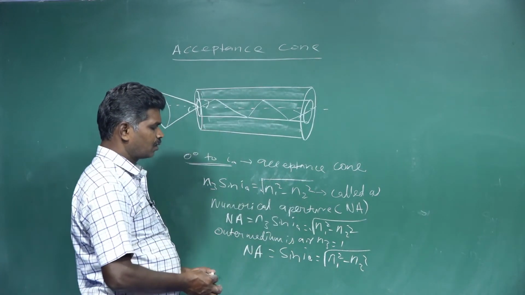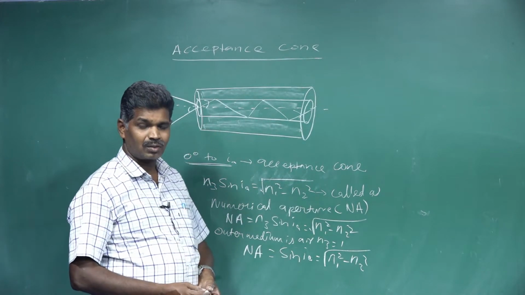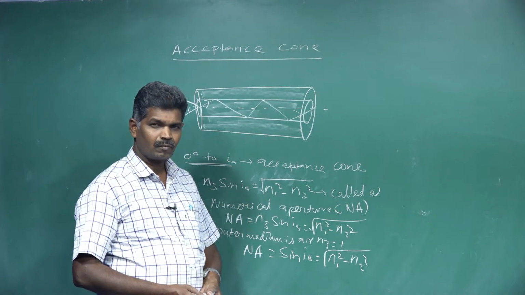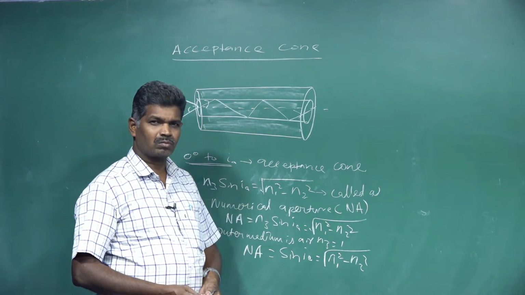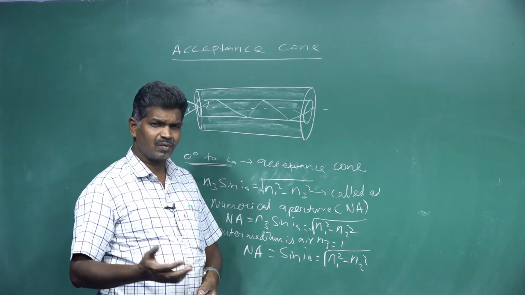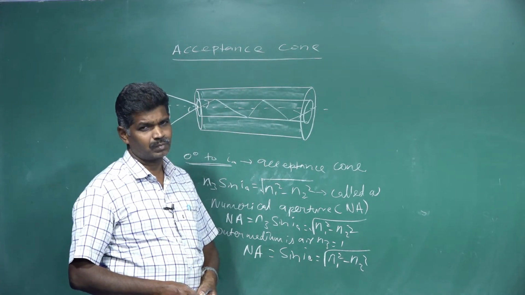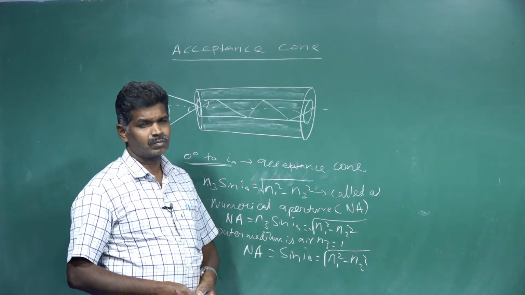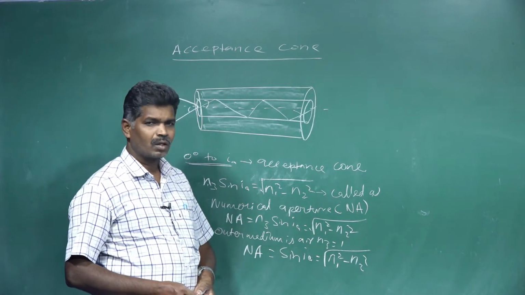Whatever it may be, the acceptance angle depends upon the refractive index of the core, the refractive index of the cladding, and the refractive index of the outer medium. Okay, that's all about the optical fiber.